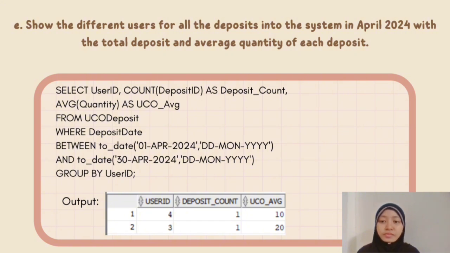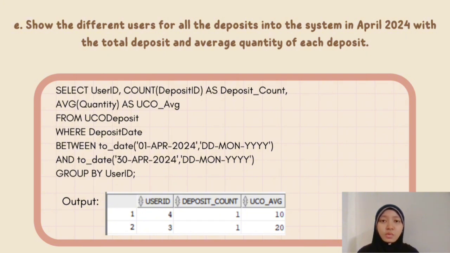And then we will use from UCO deposit to take the data from the table UCO deposit, where the deposit date between to_date of 1 April 2024 and to_date 30 April 2024, for the system to take the data only in the month of April 2024.